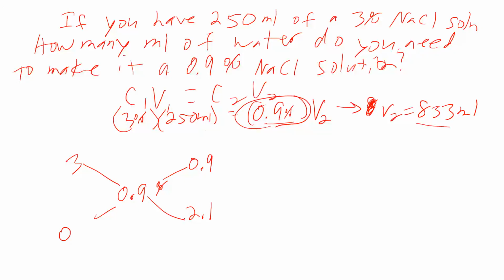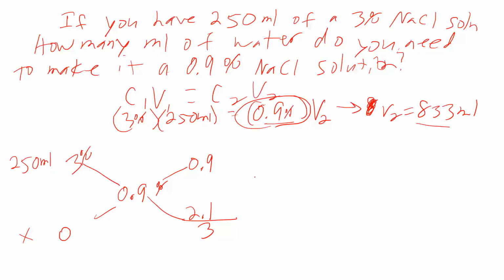So the total parts is 3. So we know that for 3%, we have 250 mils of 3%. Okay, why don't you pause it and then try to figure this out. What is this here, X? How would you do that? Go ahead and pause it.